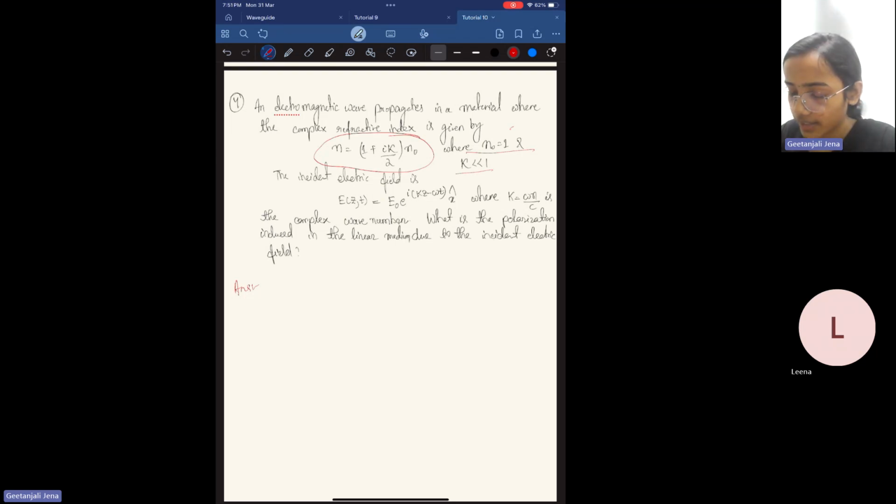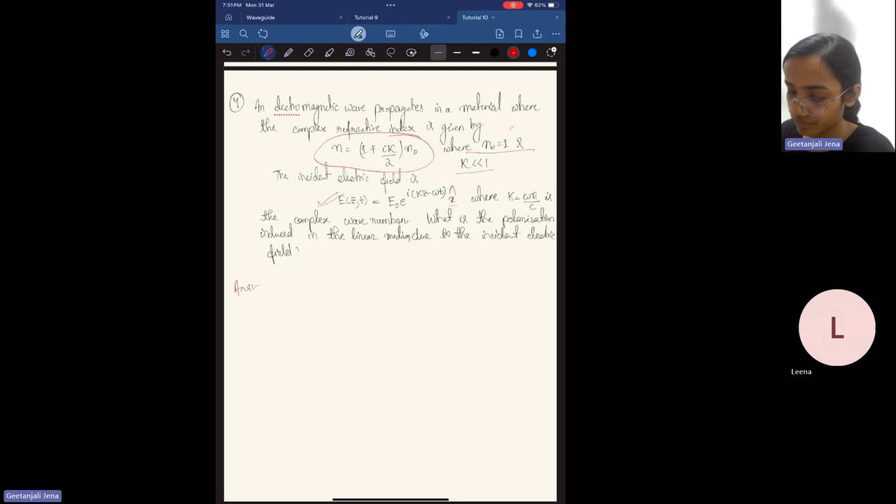The incident electric field is also given: E(z,t) is E0 e to the power i(kz minus omega t). K is the complex wave number. The question asks what is the polarization induced in the linear medium due to the incident electric field.